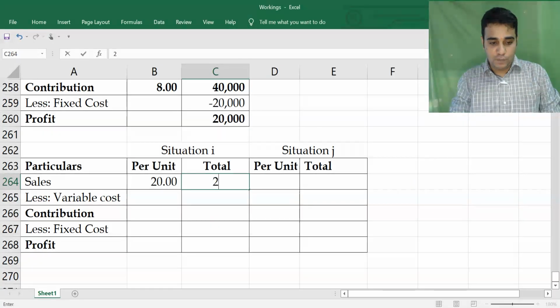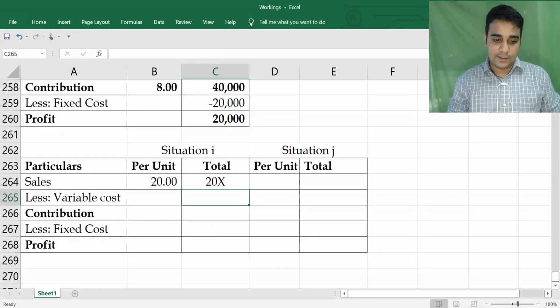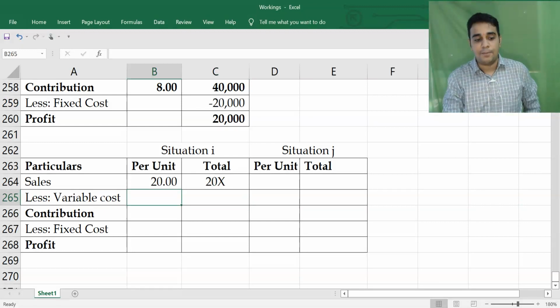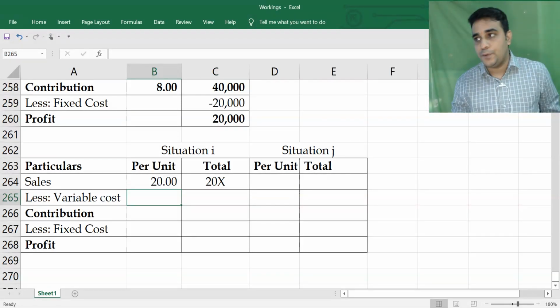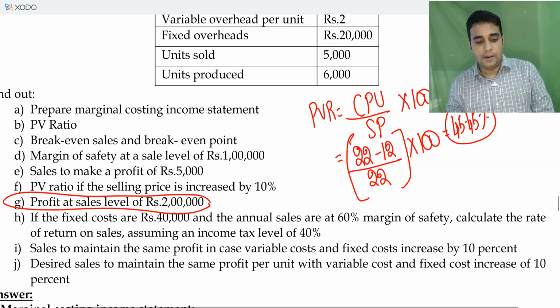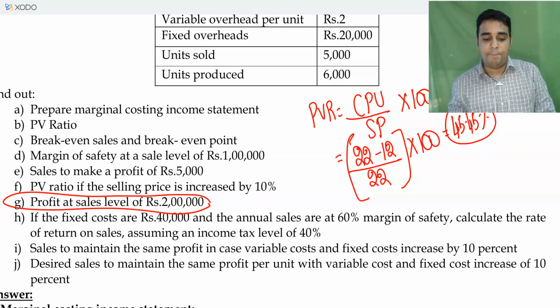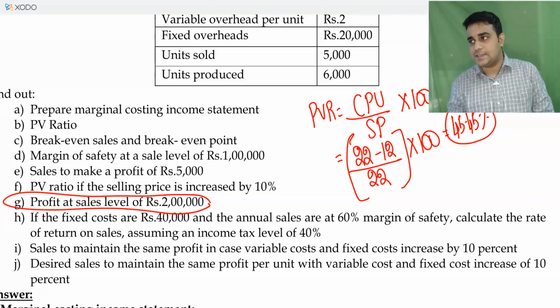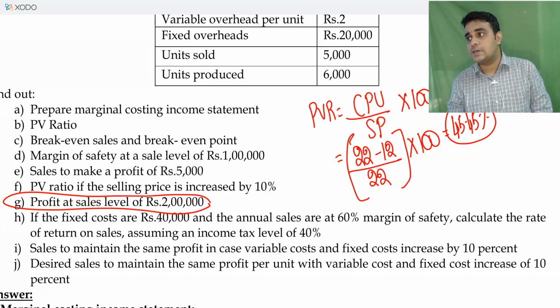So, 20X is the overall sales. Number of units is X. Variable cost will go up by 10%. Any change in variable cost represents a change in variable cost per unit.